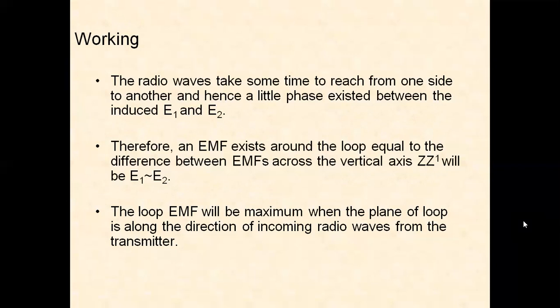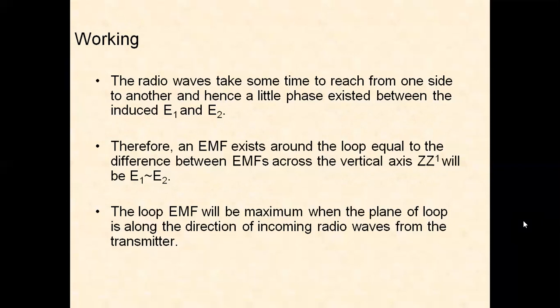The radio waves take some time to reach from one side to another side, and hence a little phase difference exists between the induced E1 and E2. Therefore, an EMF exists around the loop equal to the difference between the EMFs across the vertical axis Z, and they will be equal, E1 equal to E2.